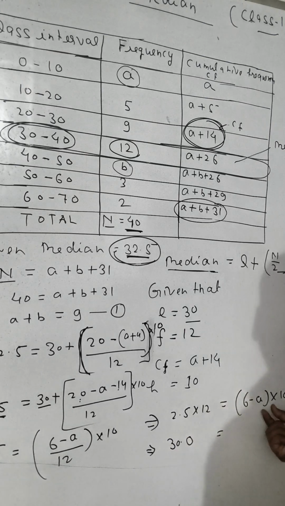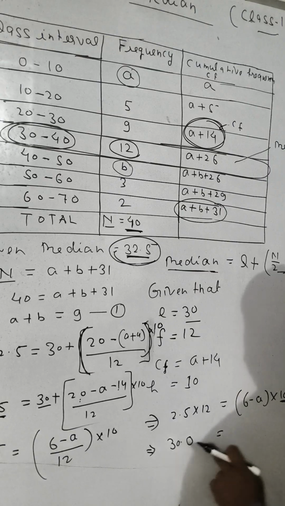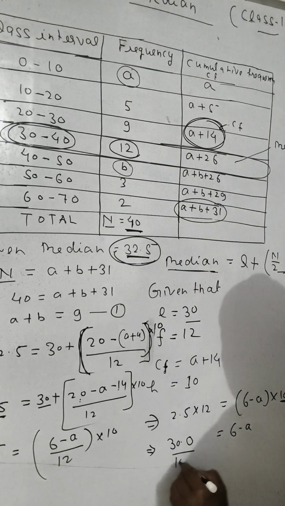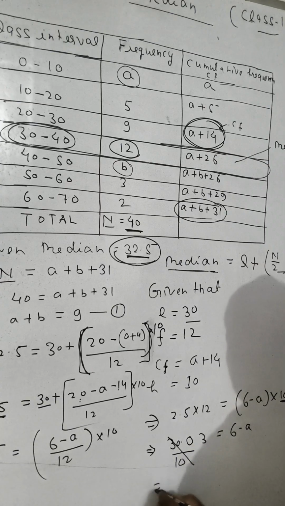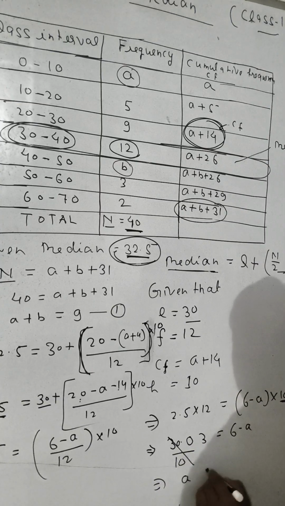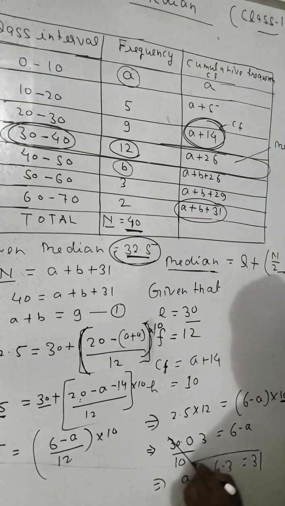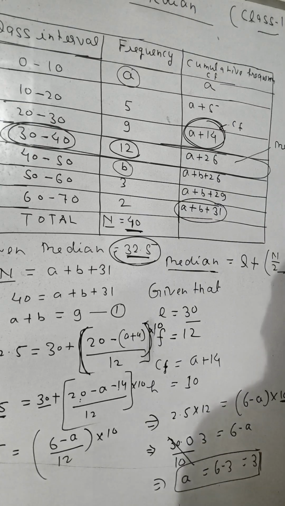We can see that this 10 goes to this side and divides. So 30 divided by 10 is 3, that is, 6 minus A is 3. So A is equal to 6 minus 3, which becomes 3. So the value of A we have calculated: A is equal to 3.